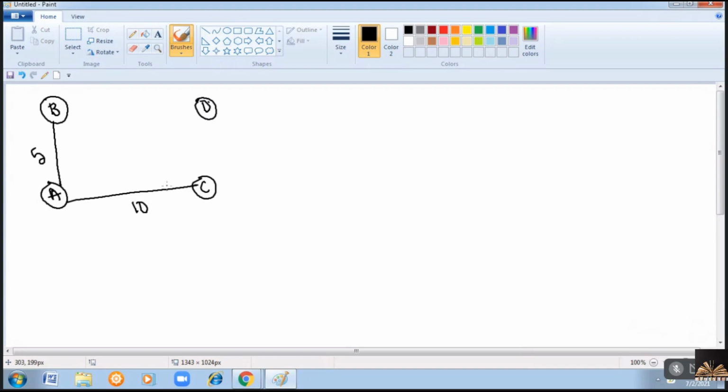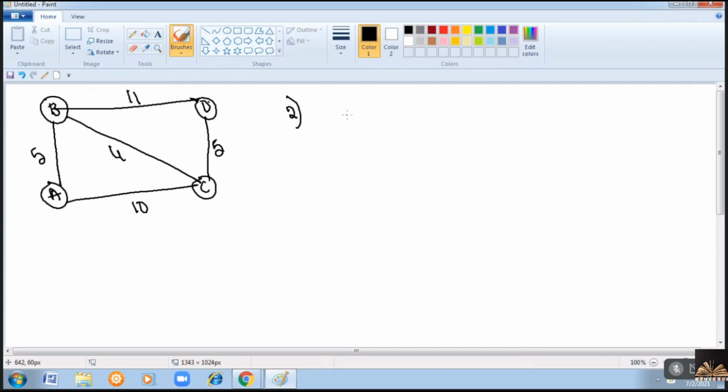Here I have chosen only one path with 10 as weight, and the loops at B and D are removed. Clear? Now this is your graph. Now you have to consider this graph to find the shortest path from A to B. So the first step is to remove the parallel edges and the loops.